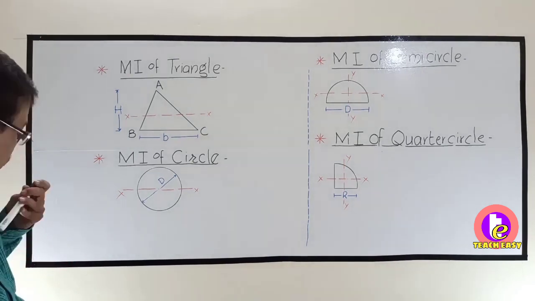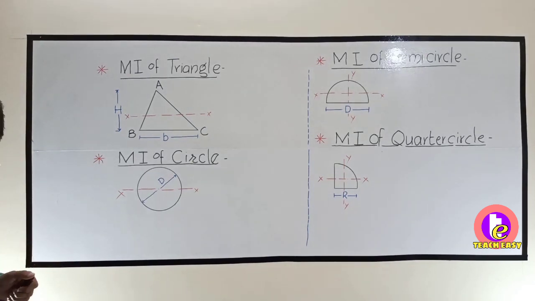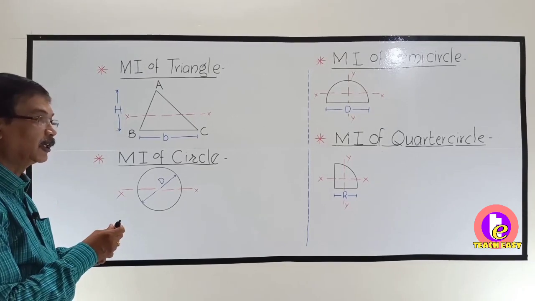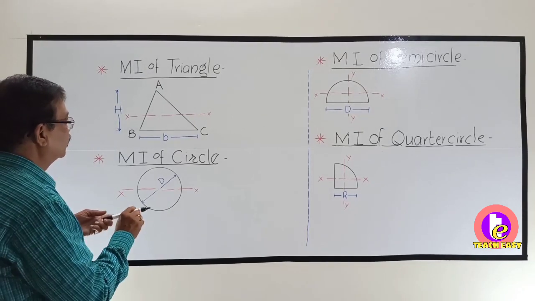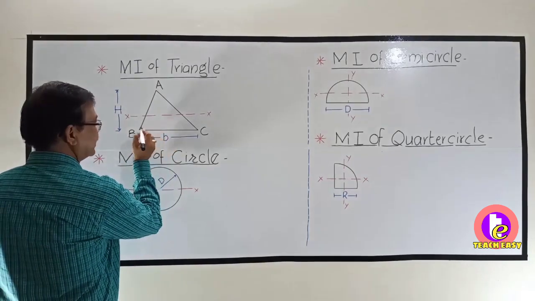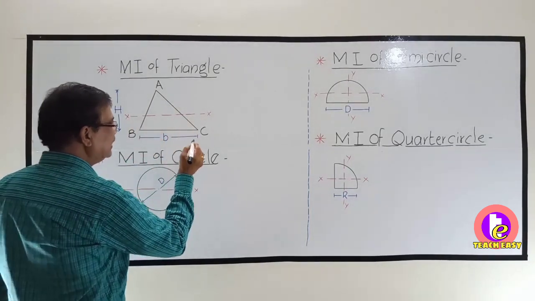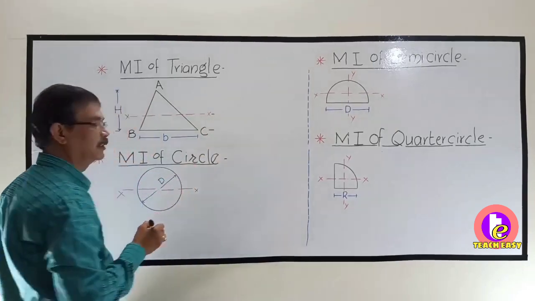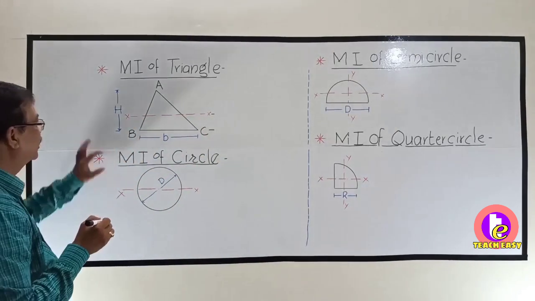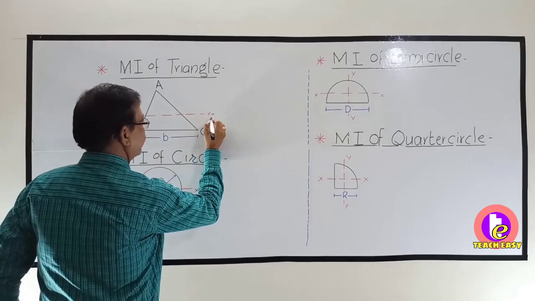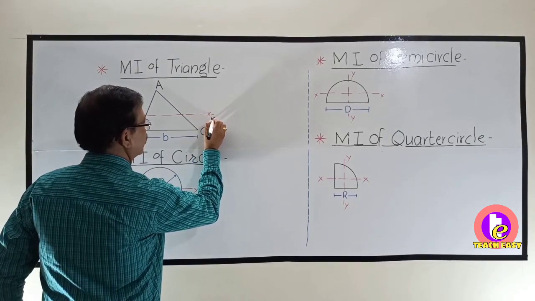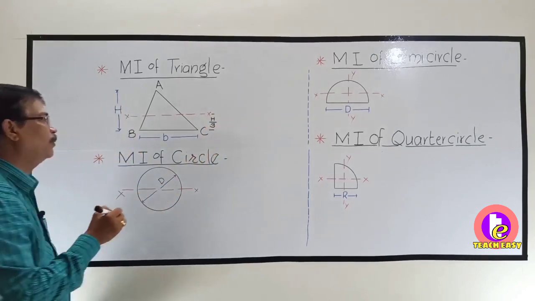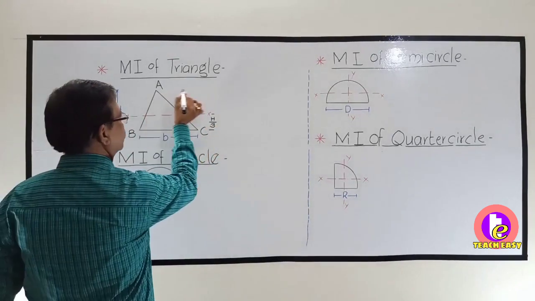Now for this particular triangle, we saw in applied mechanics that the horizontal centroidal axis is at a distance of h by 3 from the base or 2h by 3 from the apex.